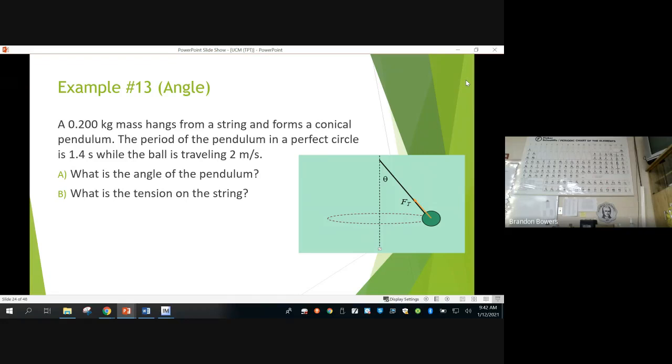So far in this chapter, we've used that one, which is the same thing, right? Total force is mass times velocity squared over r. Centripetal acceleration is velocity squared over r.